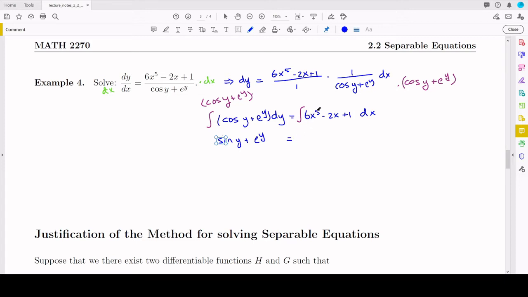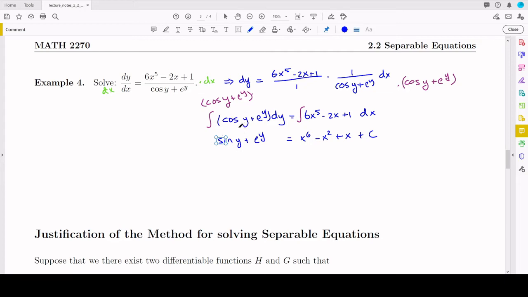The antiderivative of 6x^5: add 1 to the power for the power rule, and then divide by that new exponent 6. So this is x^6, and then minus x squared plus x, and then we have a constant of integration.